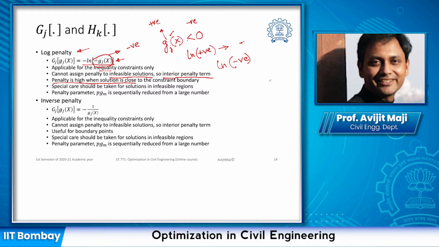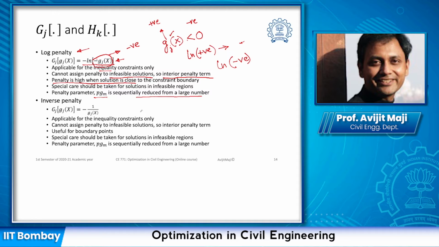For instance, the start point which we want to use in the solution should be within the feasible region rather than in the infeasible region, and in this case the penalty parameter which we use is sequentially reduced from a very large number. So every iteration the objective function is going to change as the penalty parameter changes.